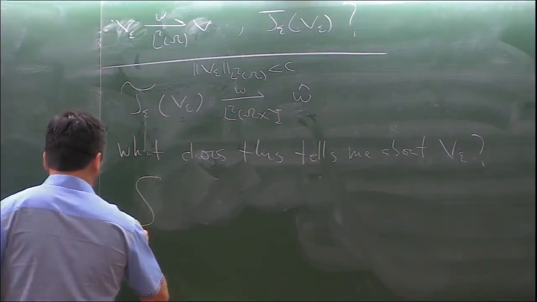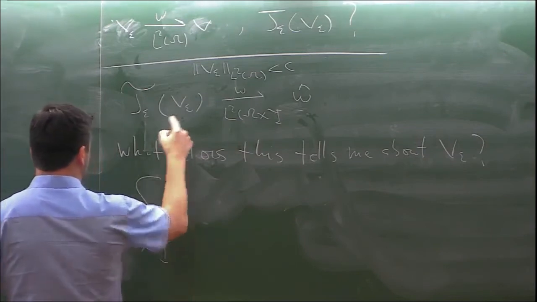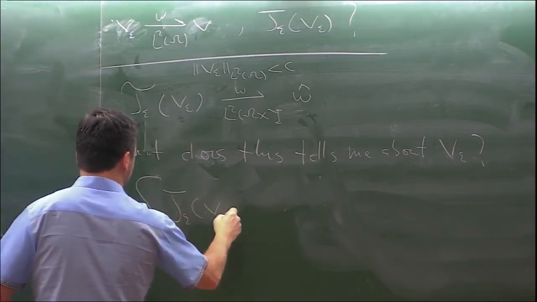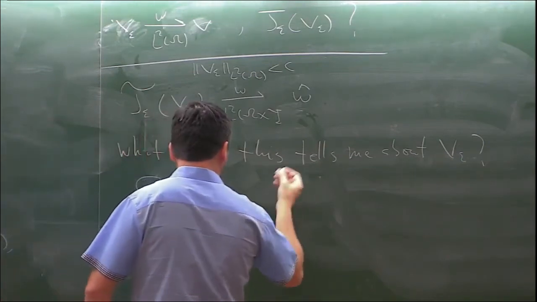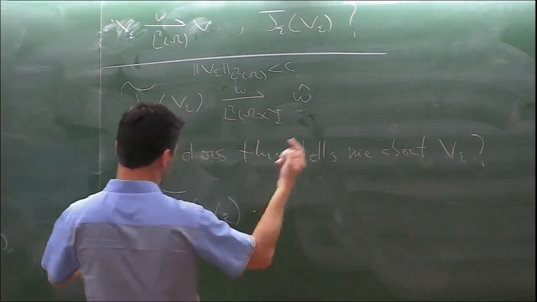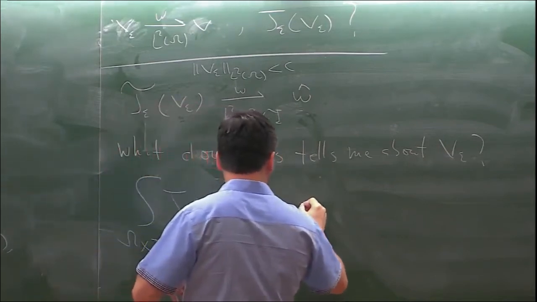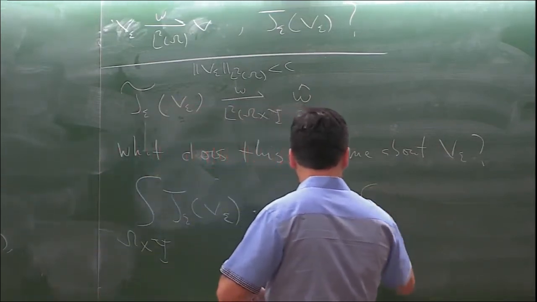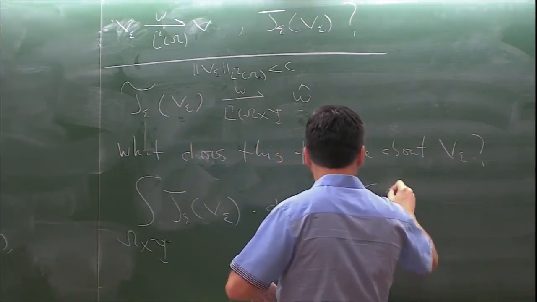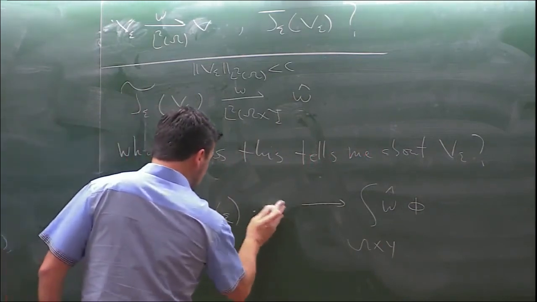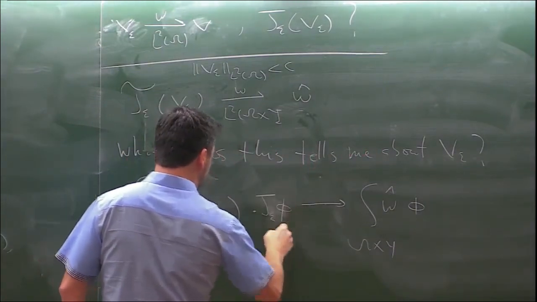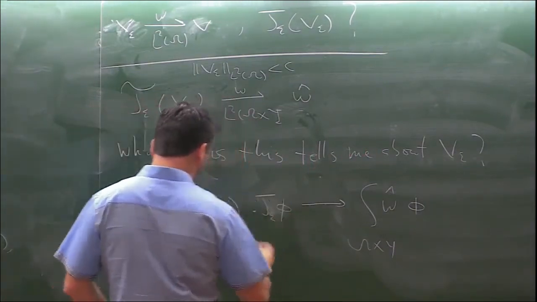So my information is equivalent to saying that T epsilon V epsilon multiplied by phi, smooth in the product space, converges to the corresponding limit. Well, let me replace phi by T epsilon phi, because this is true for every phi. So what happens with this guy?